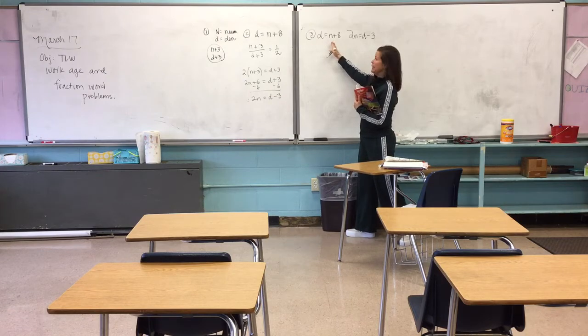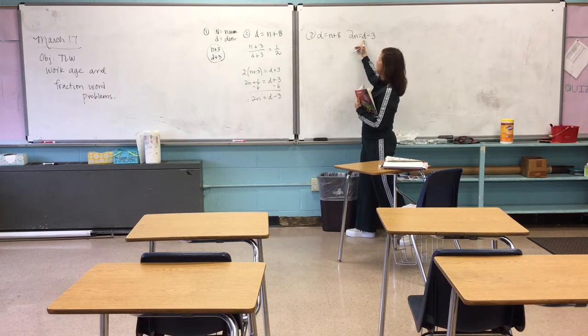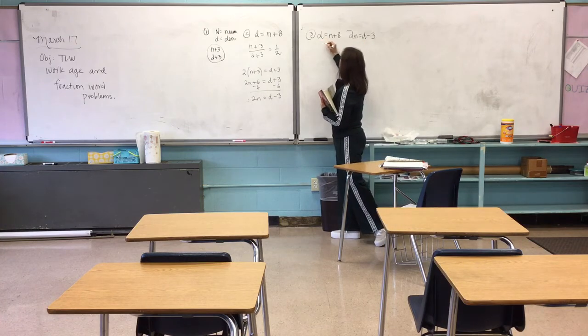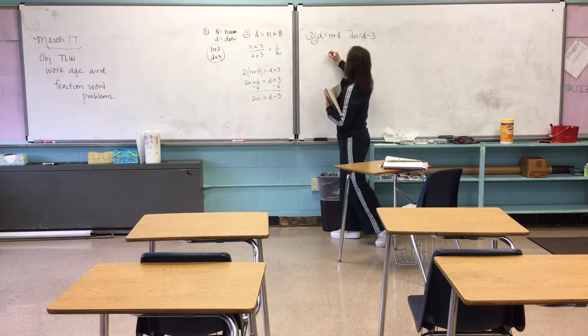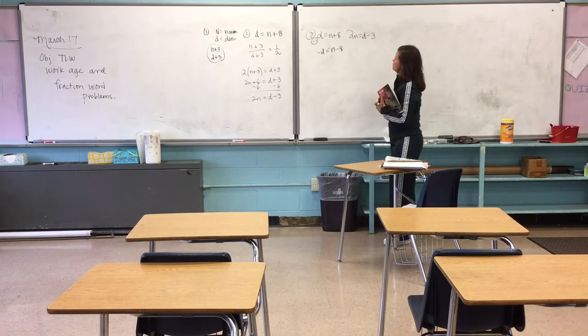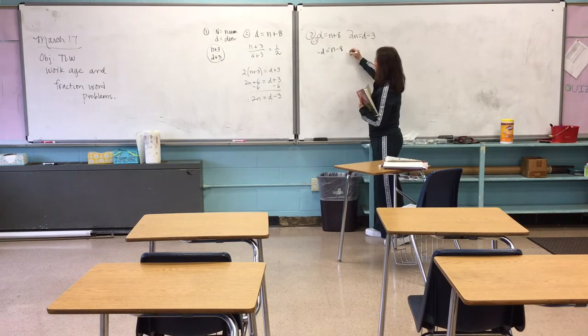You want me to use elimination? Because I can. I'm going to make the d's opposites of each other. So I'm going to multiply this by a -1. And I'm going to say negative d equals negative n minus 8. I'm going to kind of flip this order real quick. 2n equals d minus 3.